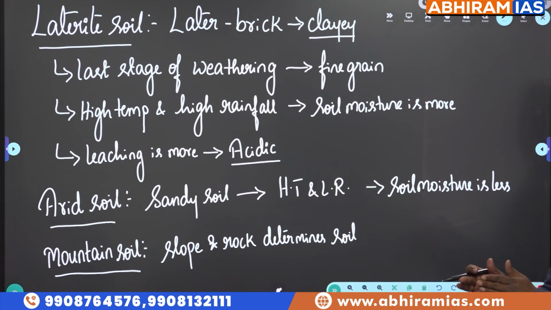Slope is more, less soil. Hard rock, less soil. Soft rock, more soil. Okay. Next.